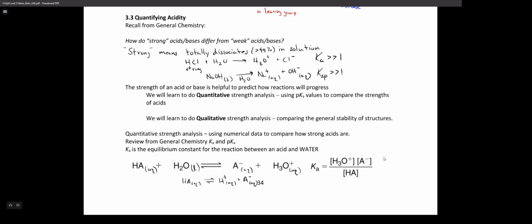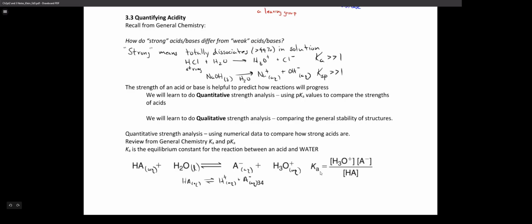Ka values almost always have powers of 10 in them. For example, the Ka of acetic acid is 1.8 times 10 to the minus 5. They're ugly numbers, and we don't like dealing with them in organic chemistry.